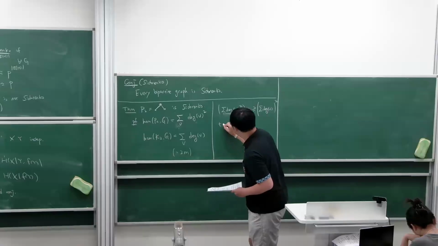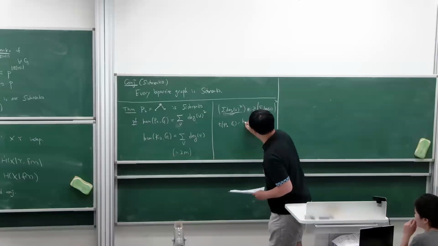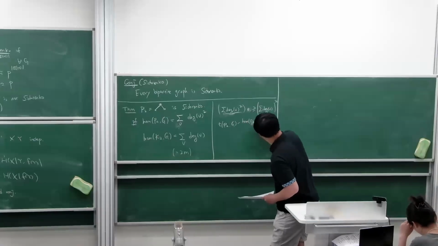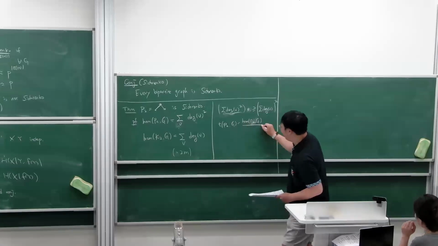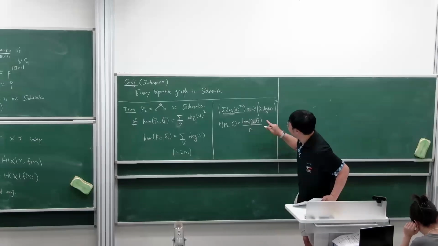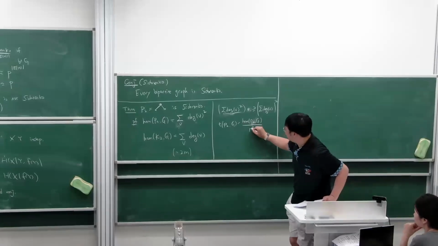And remember, the density of P2 in G is the hom from P2 to G divided by the number of vertices in G to the power of the number of vertices in P2. So that's n cubed.